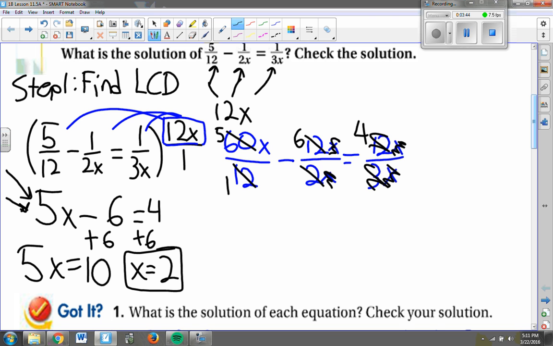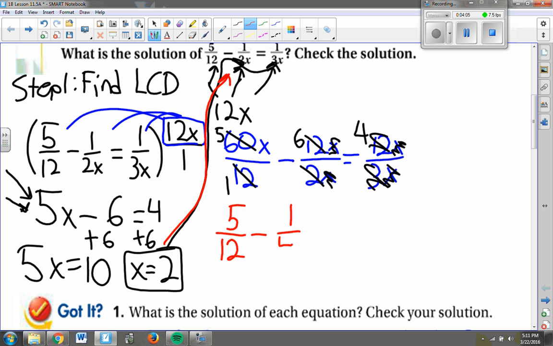But it is important to plug that back into your equation and make sure that it works. I'm going to take that x equals 2 and put it right back into my original equation. And my equation will then say 5 over 12 minus 1 over 4 equal to 1 over 6.